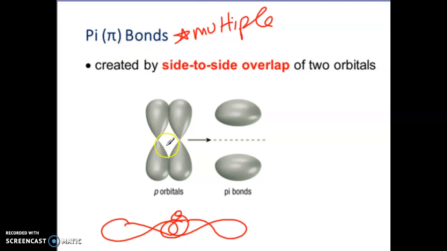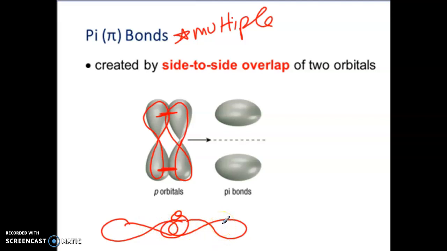What a pi bond is, is a side-by-side interaction. So what's happening here is the electrons, you have to imagine there's one electron in each of these p orbitals, they're able to share the space above and below the plane of that bond. Whereas these electrons can move anywhere within the p orbitals. Here you have a side-by-side interaction compared to the end-to-end interaction.